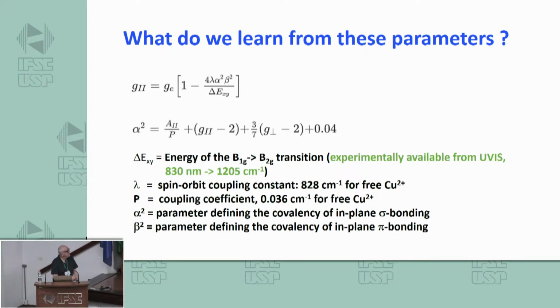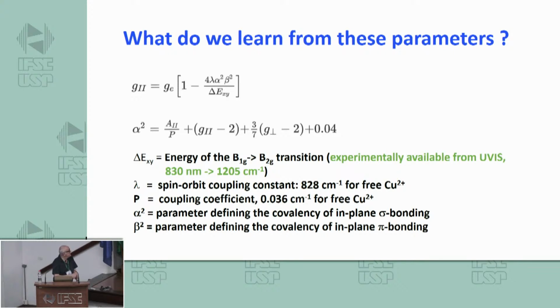This you can compare with DFT calculations, and then you actually learn that in different classes, these g parallel values are indeed different because the bond covalency is different. Here you see some equations that relate alpha squared to g parallel and g perpendicular.